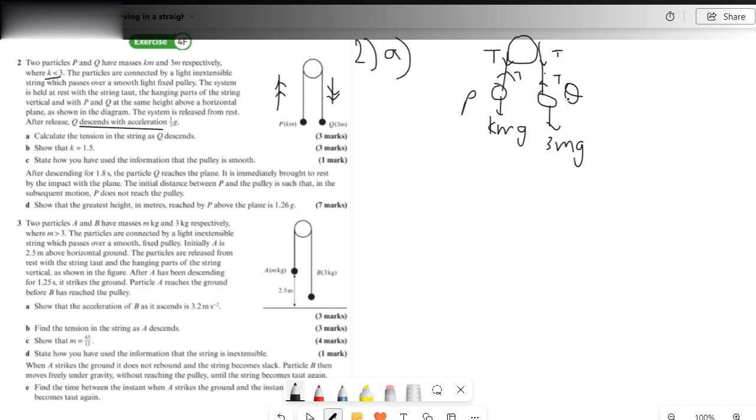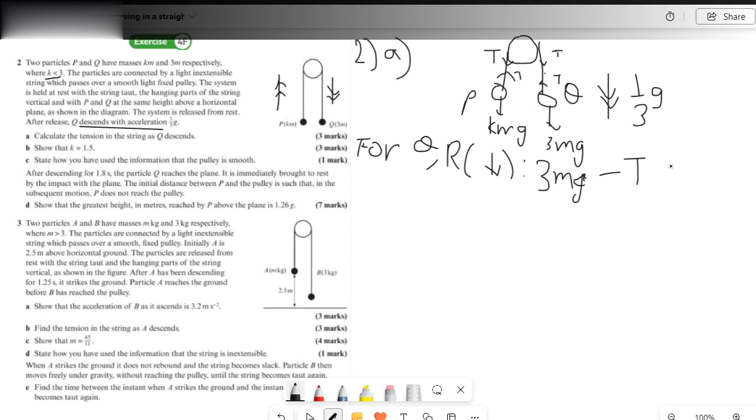Because we know that Q descends with an acceleration of 1/3 g, for Q, resolving downwards, we can say that 3mg, the weight of Q, minus tension is equal to 3m multiplied with a, which is acceleration.